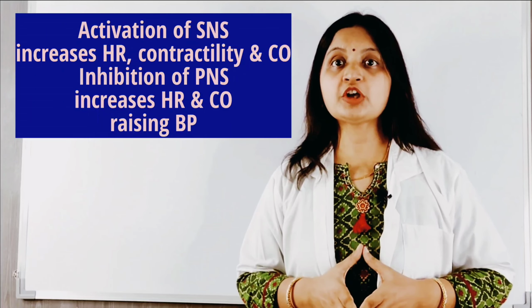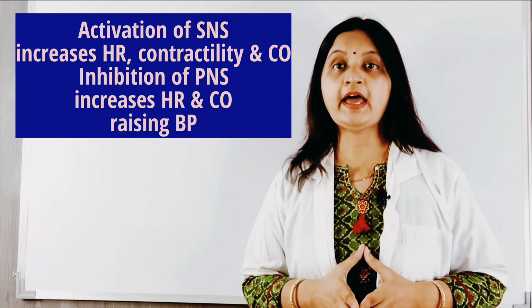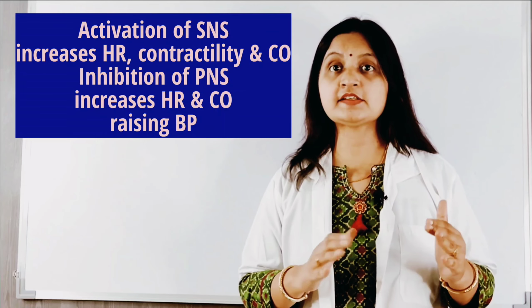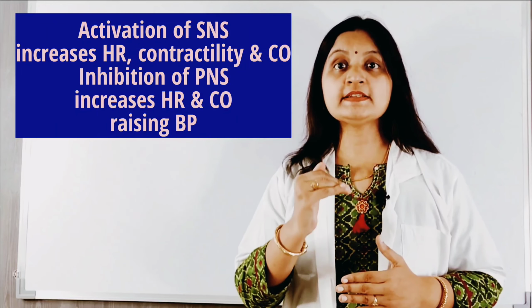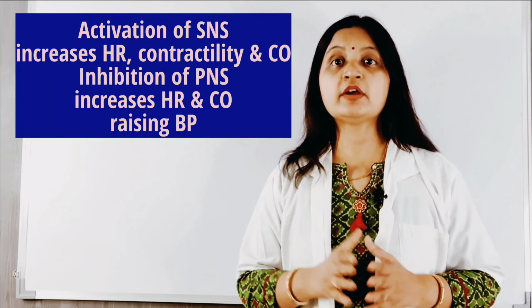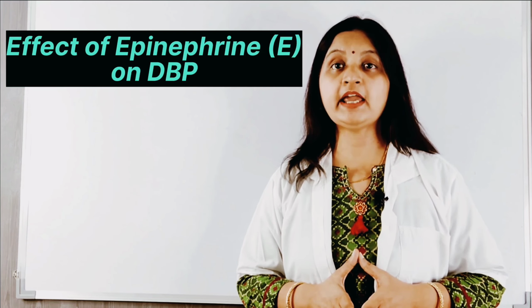The inhibition of the parasympathetic system also helps to raise the blood pressure to normal. In this way, the baroreceptor reflex mechanism helps to stabilize the blood pressure, restore blood pressure to normal and maintain homeostasis.